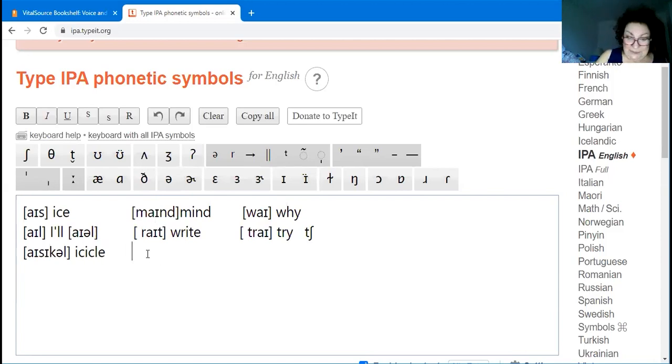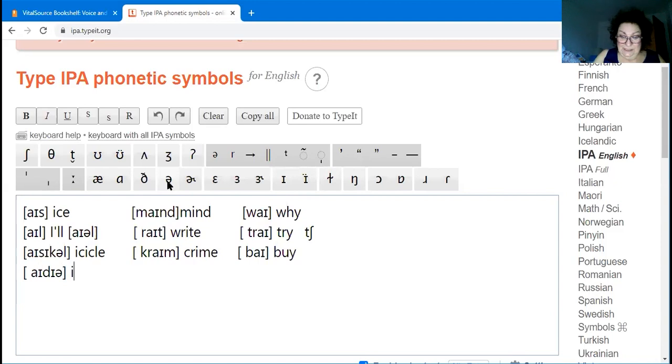And then in medial position, we have a k, r, I. And in final position, we have b, I. And let's take another. Here's one. Idea. We can do idea.